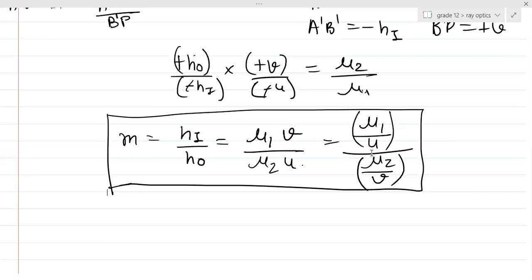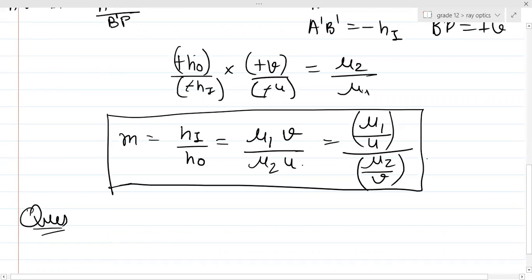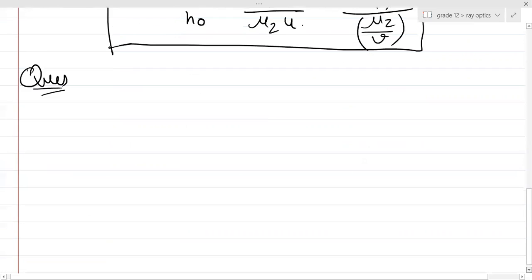Yes, sir. Okay. So after this, let's do some numericals, and after that, you will leave one more page for JEE stuff in this refraction through spherical surface. Okay. Suppose there is a glass sphere like this.